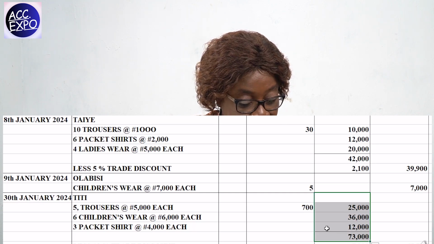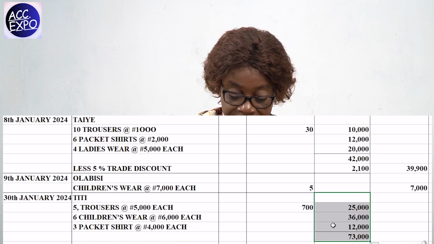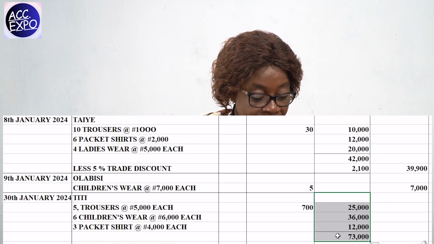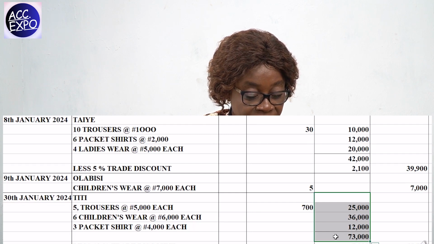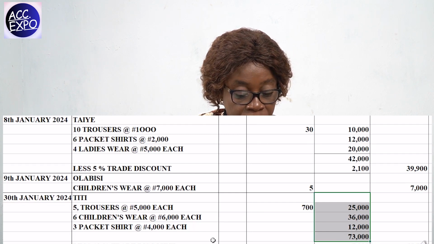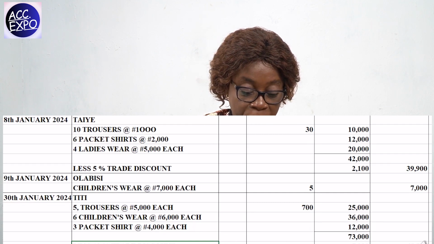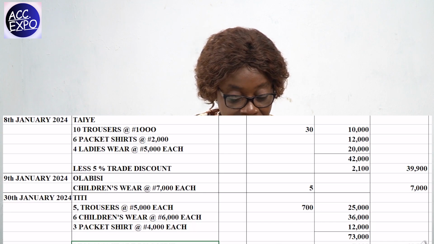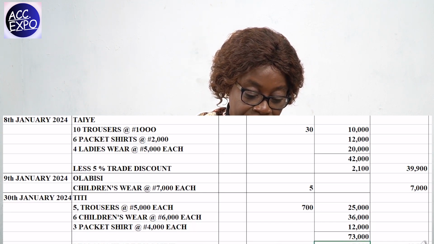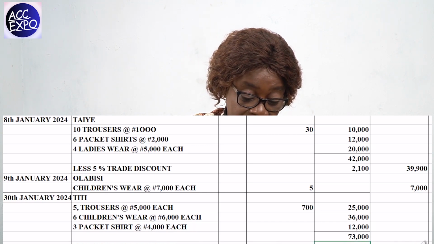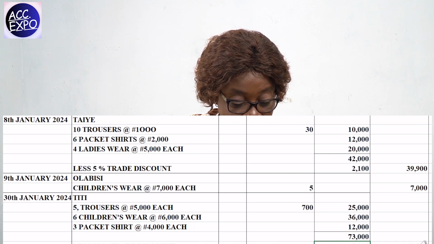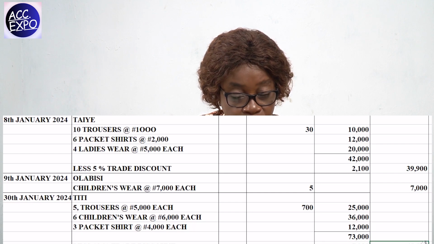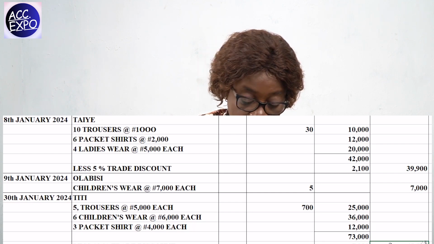Then after writing the total of the amount, the next thing is to less the 10% trade discount received from Titi. 10% of 73,000 naira is 7,300 naira. By the time 7,300 naira is subtracted from 73,000 naira, that gives the net total of 65,700.